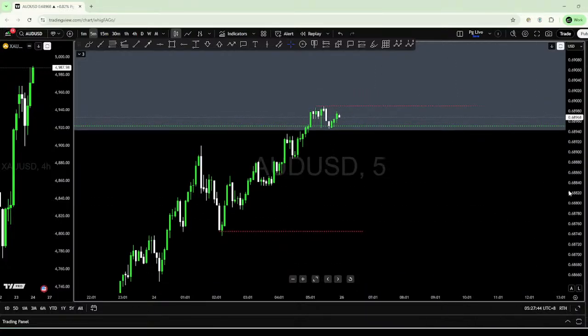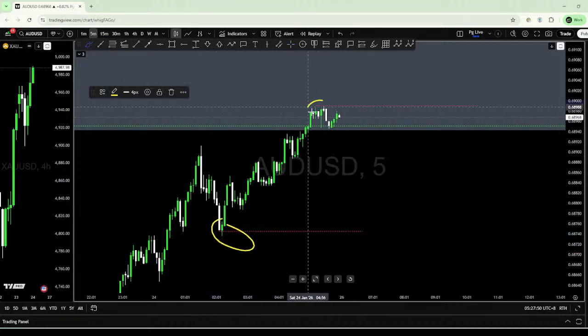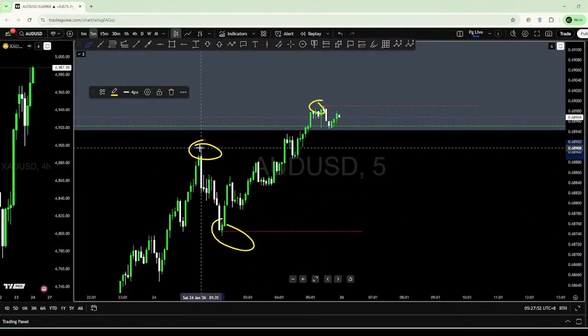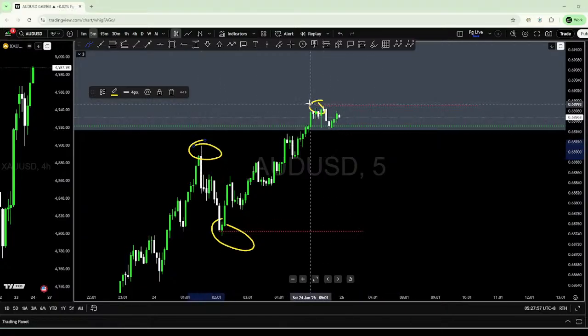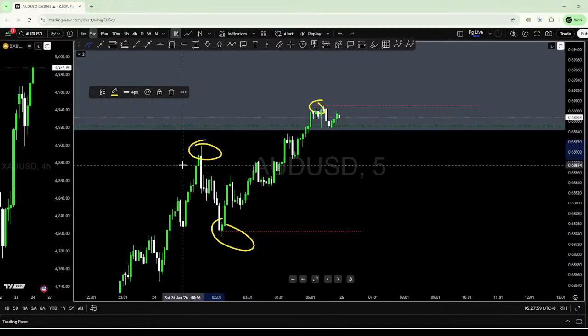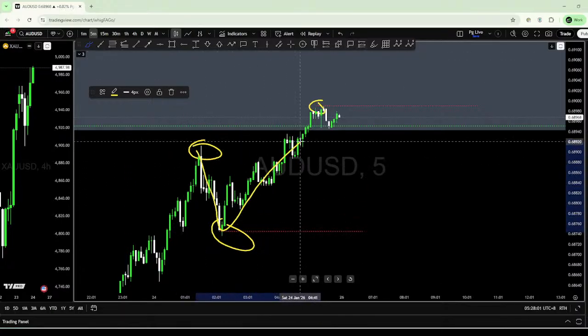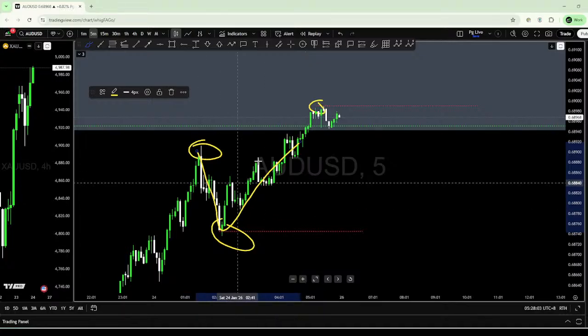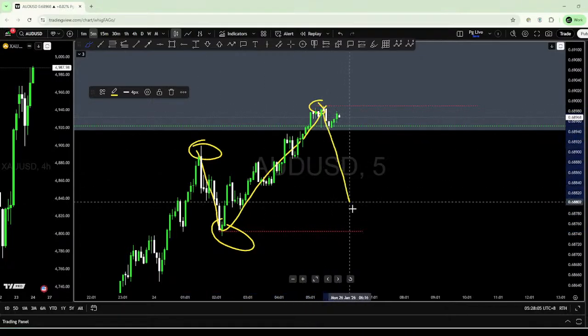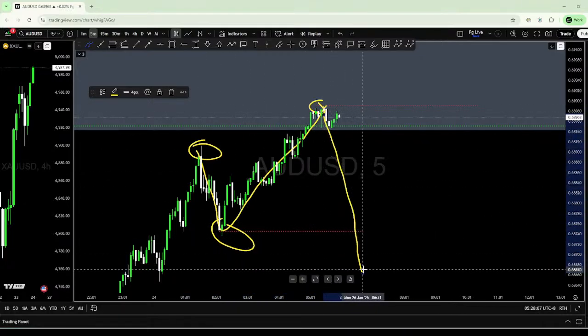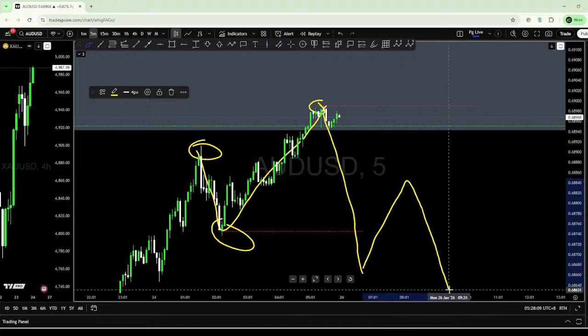We need to wait until the market opens, but this is the recent low that pushed the price to break above this high. So we need to see lower low, higher high, higher low, and higher high. The price needs to close below this, do a structure like that, and then you sell somewhere around here.